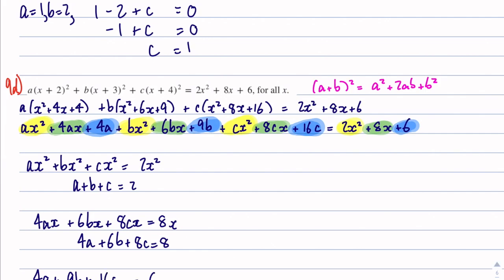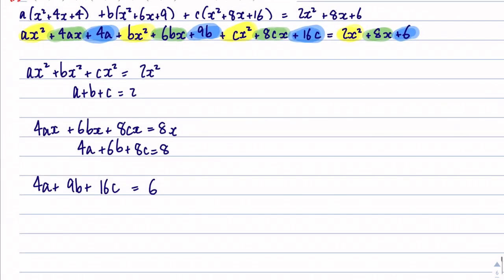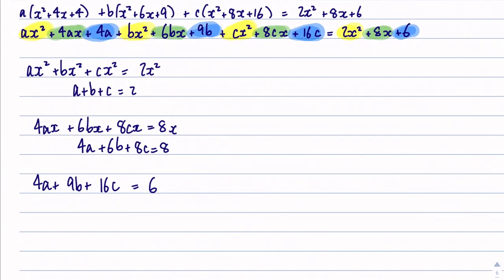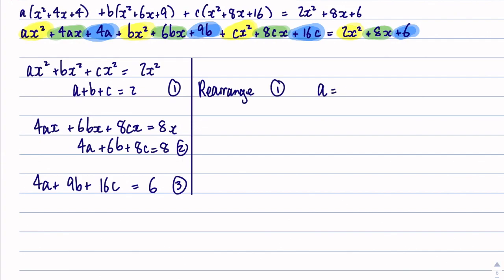Okay dokey. This is simultaneous equations, but instead of having 2 equations, we've got 3 equations. So let's have a look. I'm going to label these 1, 2, and 3. So I'm going to rearrange 1. So I'm going to have a equals 2 take b take c.